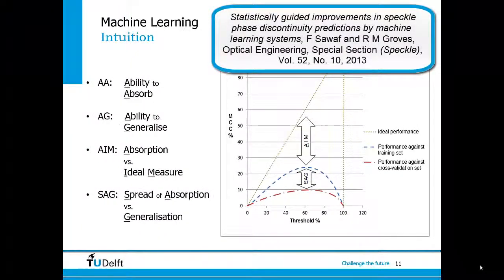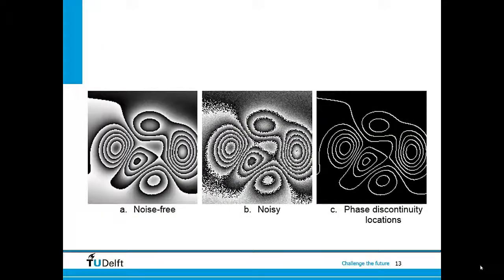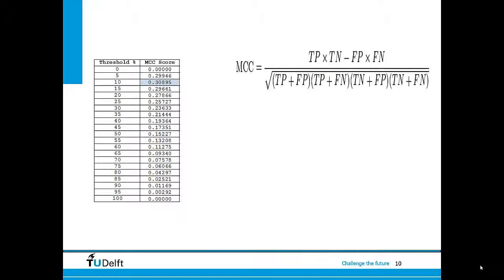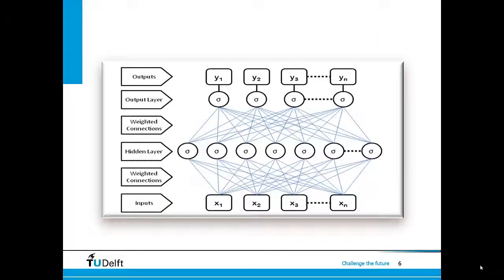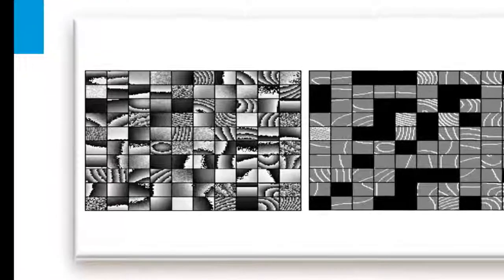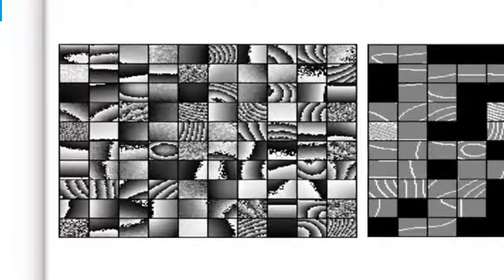Now the third and final question was in relation to the actual training set and how it was generated. The question was, these are examples of wrapped phase maps, and they look noisy. So how was the noise added? How did we go about simulating those wrapped phase maps? The answer was that we use a technique where we simulate the surface of an object, and then we add random noise to that surface, so it becomes a randomly noisy surface.